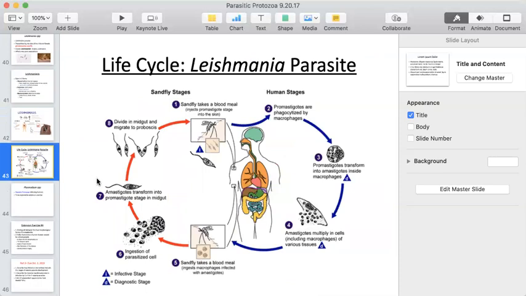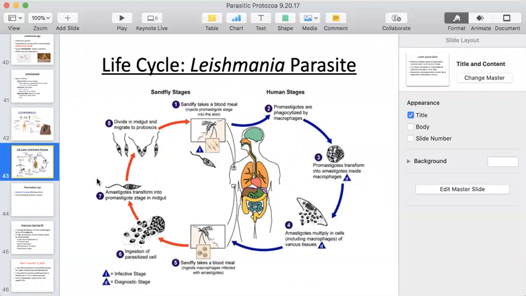The life cycle of the Leishmania parasite, again, we have a sandfly taking a blood meal. It's going to inject the promastigote of the parasite. The promastigotes are going to be phagocytized by our blood cells, trying to get rid of them. It's going to continue to develop or transform.